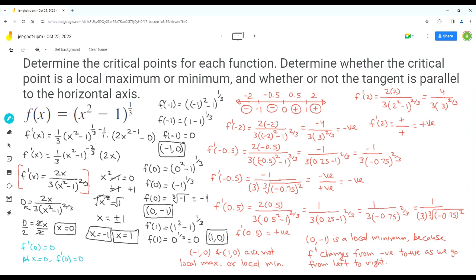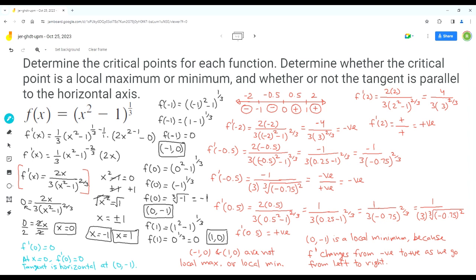So therefore, the tangent is parallel to the horizontal axis at the critical point 0, -1. So we can write, tangent is horizontal at critical point 0, -1.